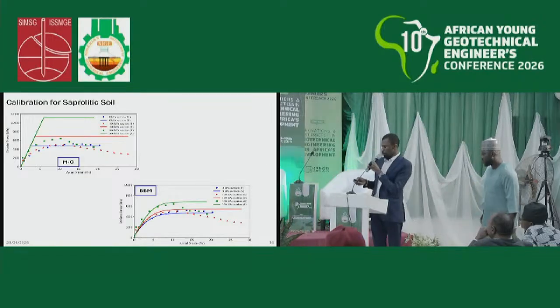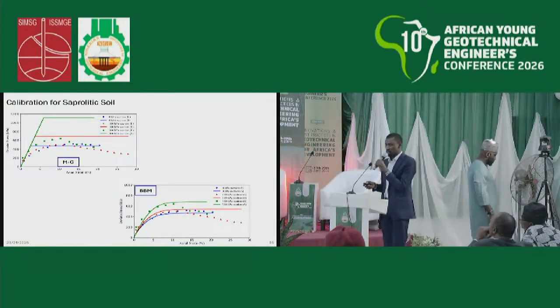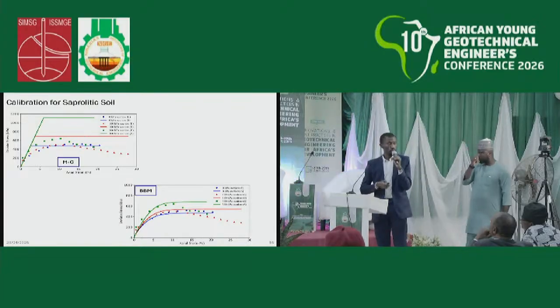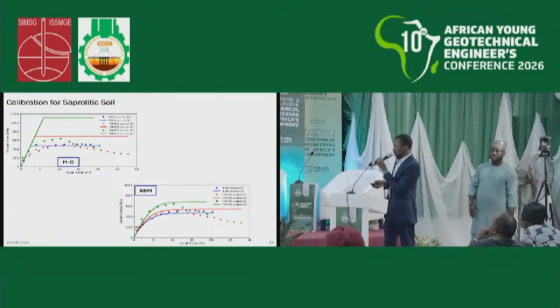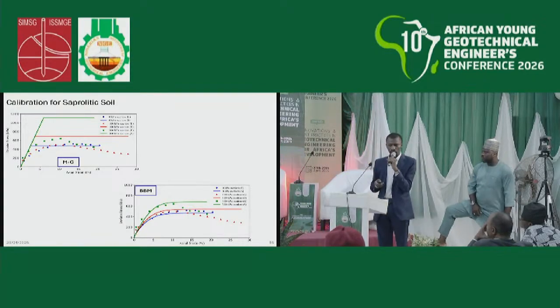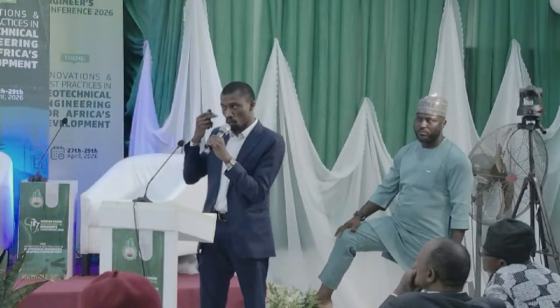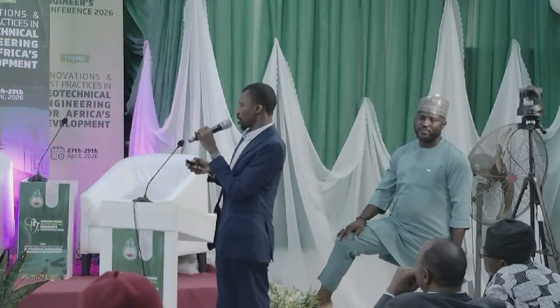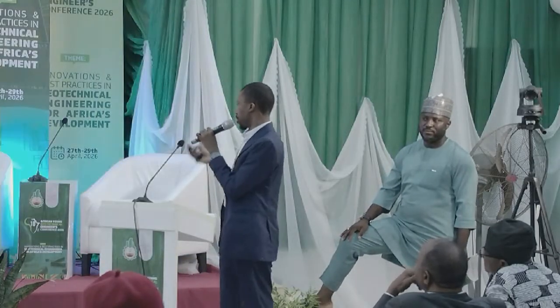Yeah, thank you so much for the presentation. Regarding the Barcelona Basic Model, there have been a lot of developments over the years. It was developed by, just as you mentioned, Alonso et al. And then there are also some other developments, but the behavior of the soil varies from place to place. The soil upon which the model was developed may actually give a good prediction, but when you come to a different soil, it may have a different behavior.